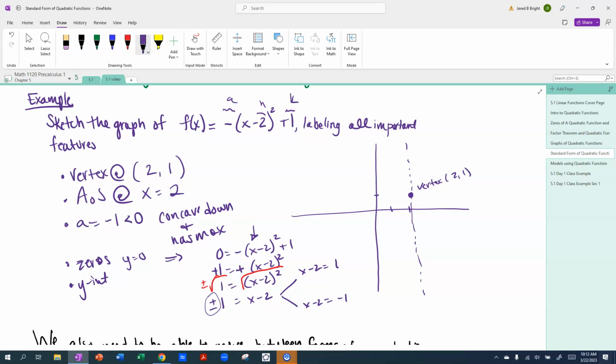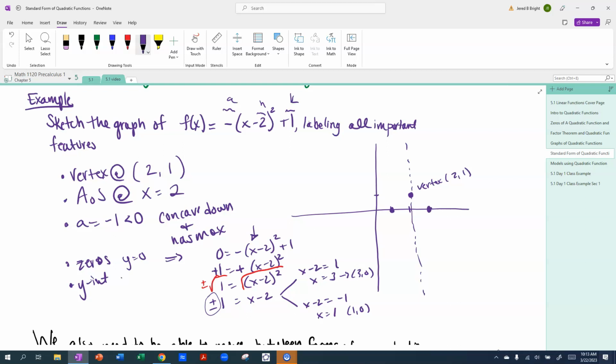And solve for x. In this case, I get x is equal to 3, and x is equal to positive 1. So that means I have the points 3, 0, and 1, 0. Oh, that's kind of nice. Right there, and right there.